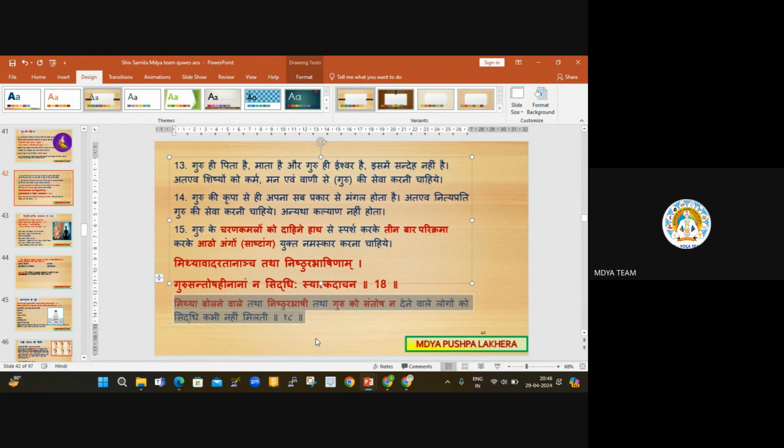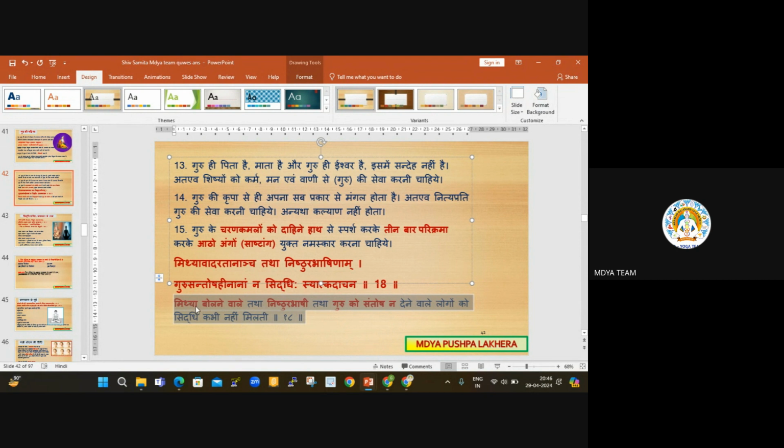And who are addicted to false and different types of controversy, who engage themselves in controversy, that type of person also does not get siddhi in this path. And lastly, who are cruel in their speech and who do not give satisfaction to their guru never attain success.